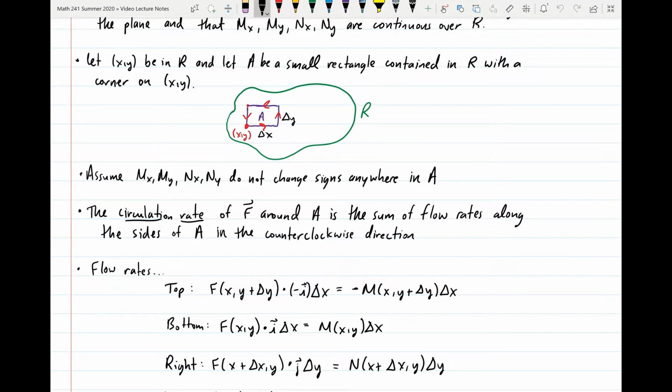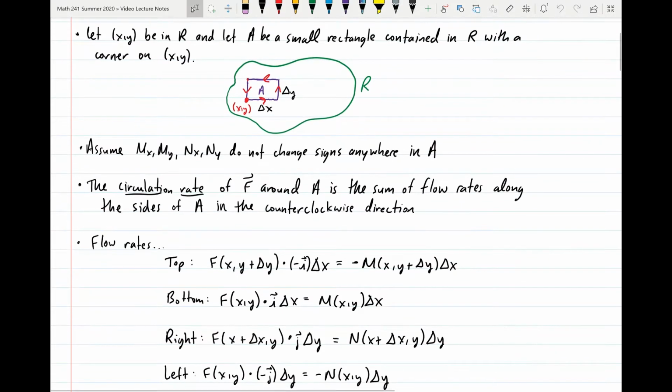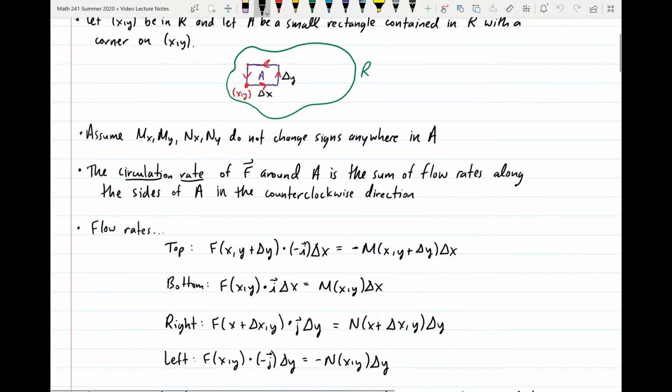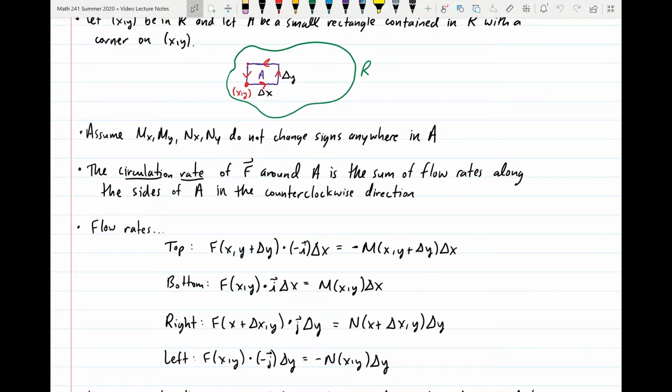And also note that the length of our rectangle is delta x and the height of our rectangle is delta y. So again, if we want the circulation rate of our vector field F around the entire boundary of our rectangle, it suffices to take the sum of the flow rates along each of the sides of the rectangle. So we'll have 4 different expressions here for each of the sides, and we'll sum them together to get the circulation rate around the entire rectangle A.